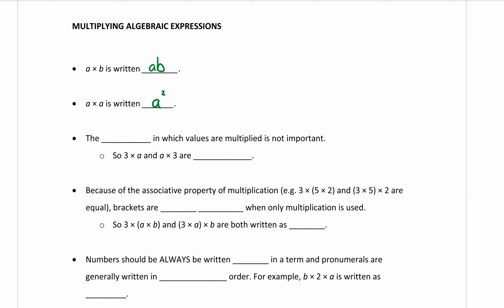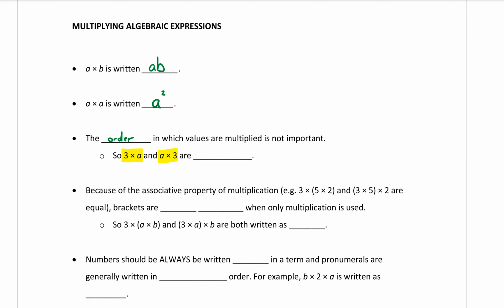All right, the third dot point. The order in which values are multiplied is not important. So that means that 3 times A is exactly the same as A times 3. If you think about it with numbers, 3 times 4 is the same as 4 times 3. It doesn't matter the order when you multiply things.